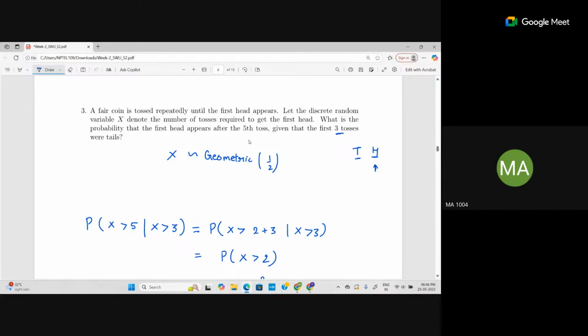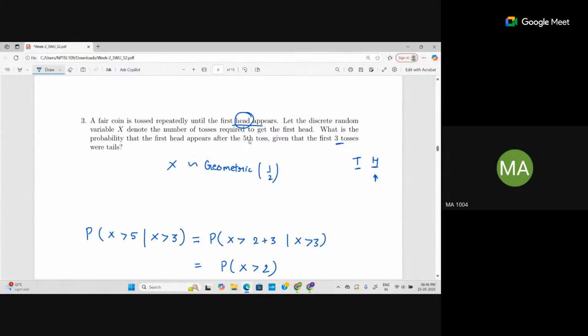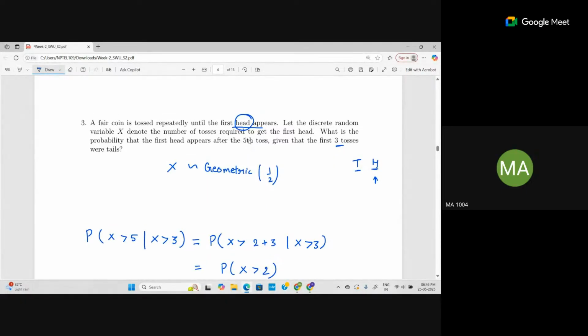See, you have to figure out what information is given. The experiment is that we are tossing the fair coin until the first head appears. So we are taking head as our success. It may vary. You can take head as success, or you can take tail as a success also.